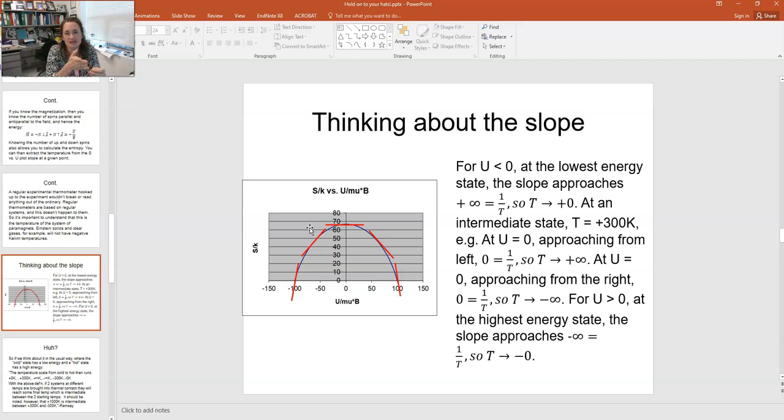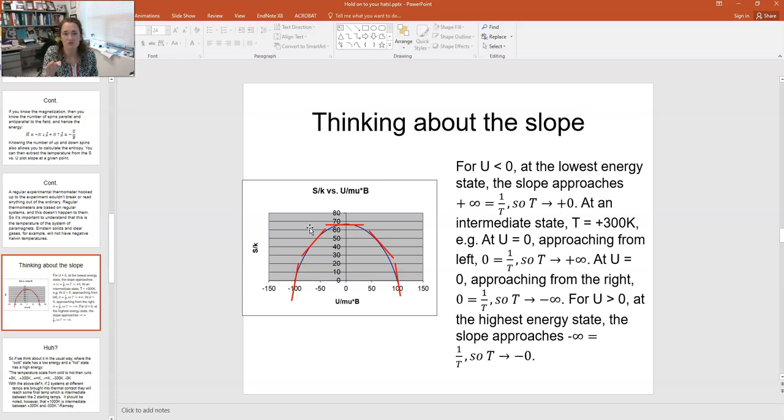So as it gets to that point, the temperature of this nuclear spin system is positive infinity. That's a little weird, but U equal to 0 just means that it's half up, half down spins. So that's the left-hand side.